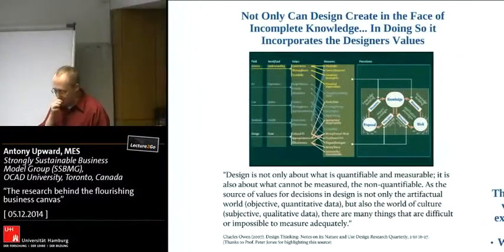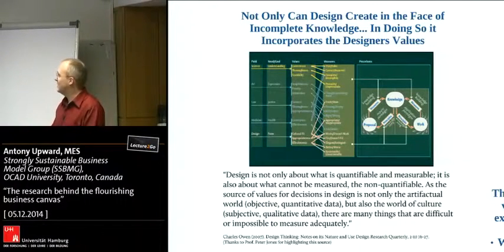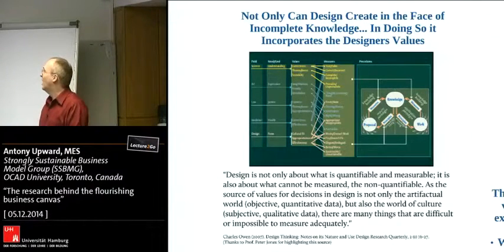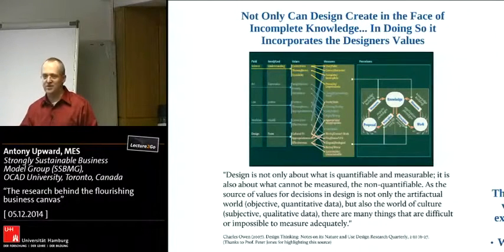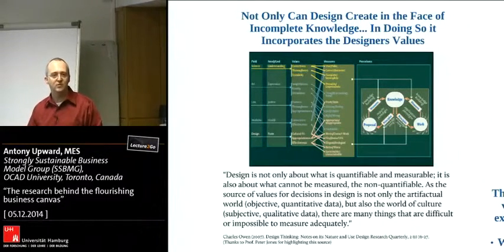So design science also has another interesting facet, which is not only can it create something useful in the face of incomplete knowledge, in doing so, it explicitly, not implicitly, explicitly includes the designer's values.